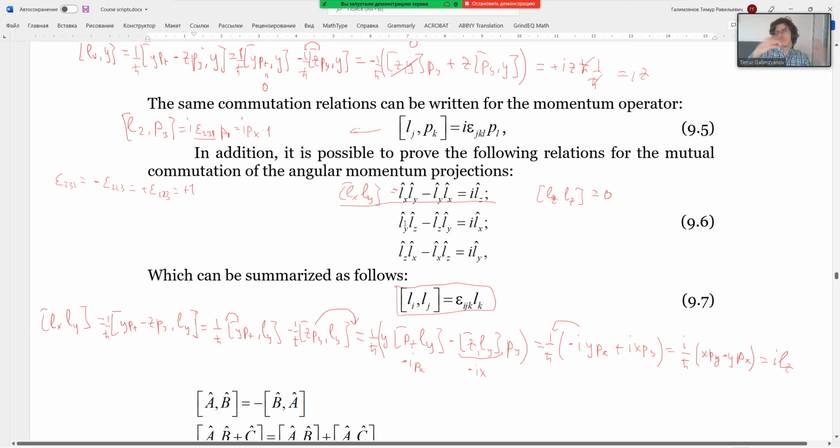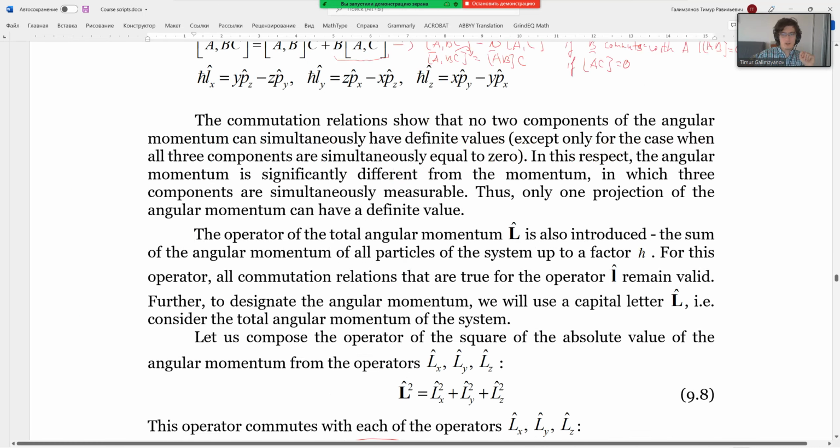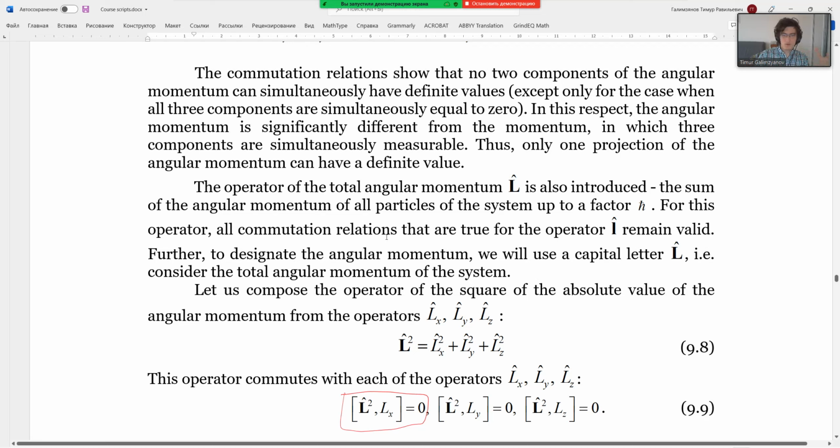But if we work with a system of particles, the total angular momentum equals the sum of the angular momenta of these particles. People usually use the large letter L to denote the angular momentum of the whole system.